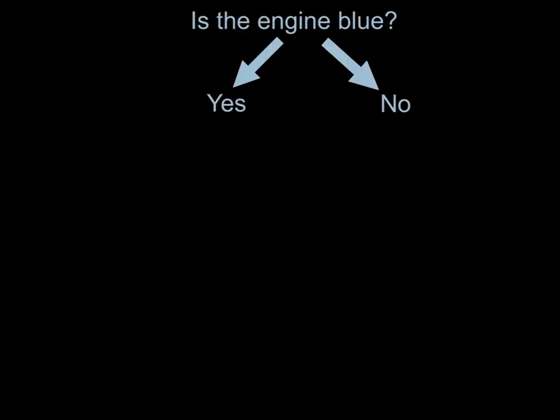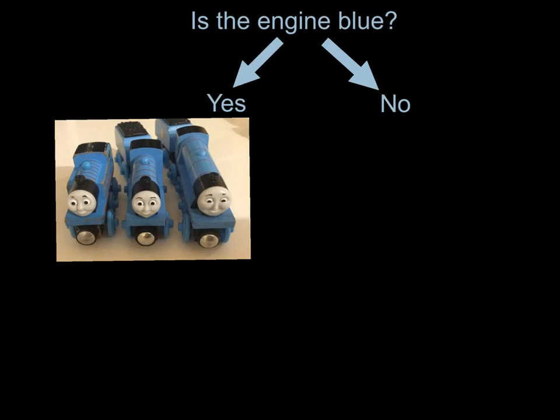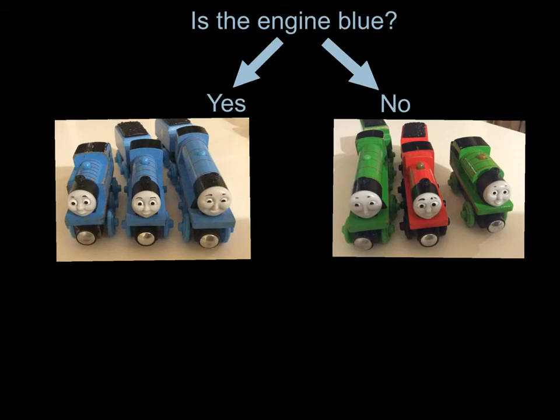When you ask this question, there's only 2 answers. It's either yes or no. Yes, it is a blue little engine, or no, it's not a blue little engine. Either way, we split the group into 2.